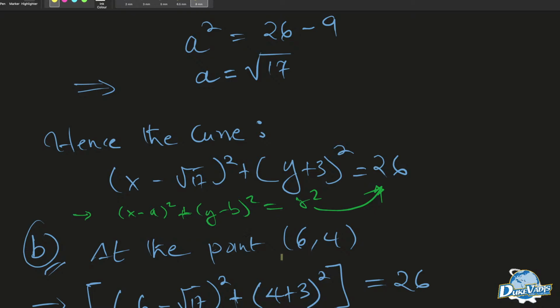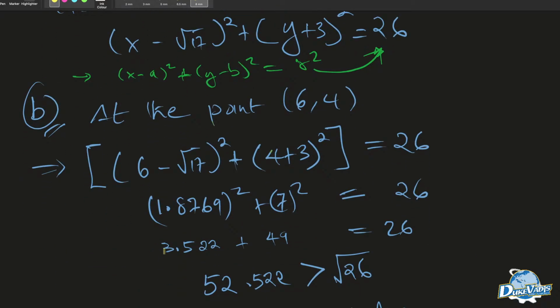At the point (6, 4), let's test whether it lies inside or outside the curve. We put these values in the respective places: 6 goes to the x value and 4 goes to the y value. So we have (6 − √17)² + (4 + 3)². Forget about the 26, that's already in the equation.